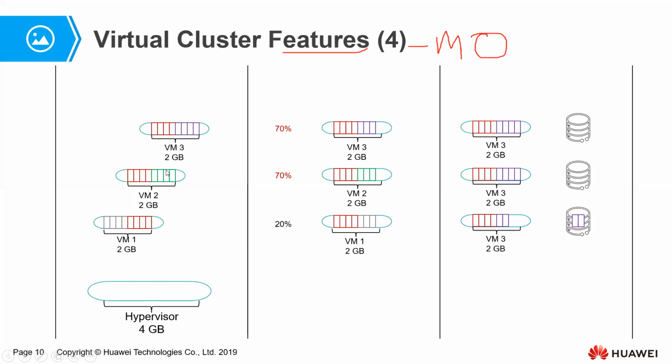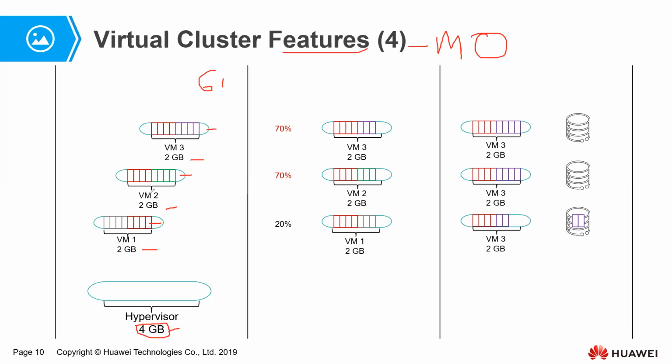Each of these virtual machines we assign 2 GB. But in actual sense, we have 4 GB. So when you add 2 plus 2 plus 2, we get 6. So we are not ideally using the 6, but this way we are overcommitting our memory. We have committed 2 here, 2 there, and 2 there.